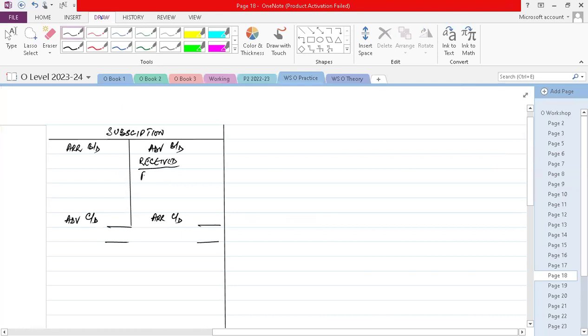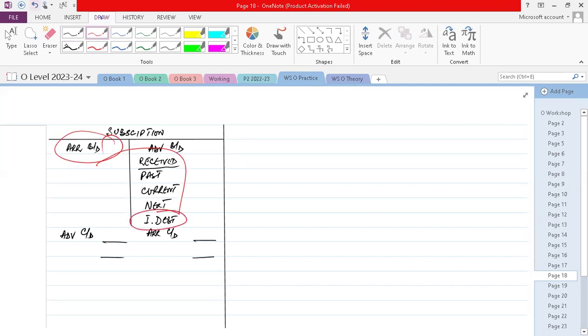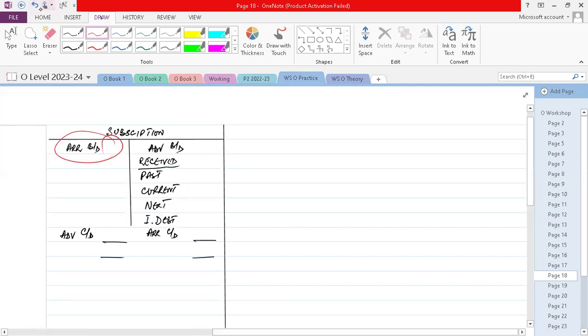It may be received for the past year, current year, or for the next year. Subscription is always credit. And irrecoverable debts: some old dues may become bad debts.